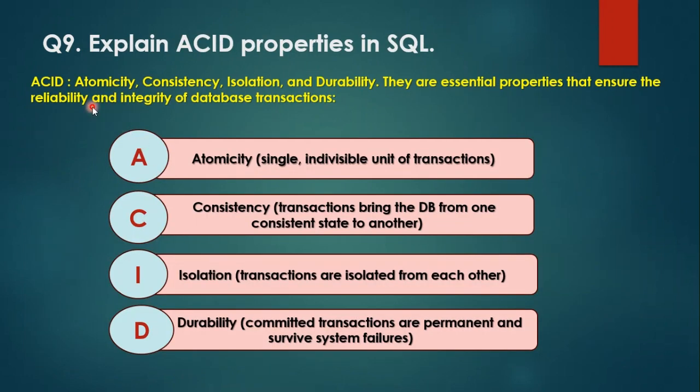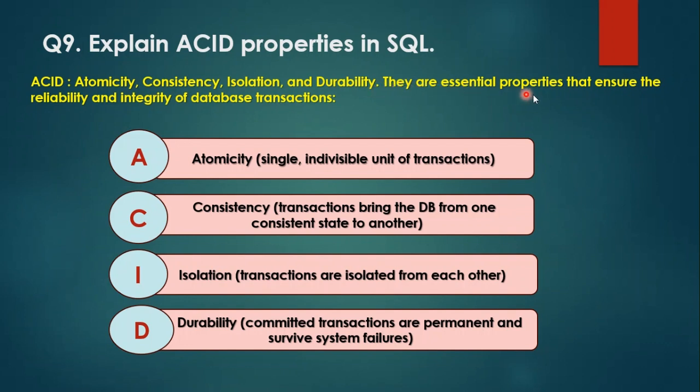Then moving next, question number 9: explain the ACID properties in SQL. This is again a very important question asked in interviews. ACID stands for atomicity, consistency, isolation, and durability.